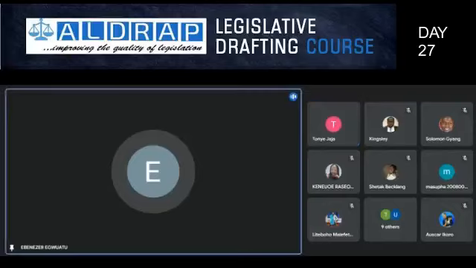Okay, someone should tell me the three subdivisions of the principal provision. Someone should tell me the three subdivisions of principal provision.